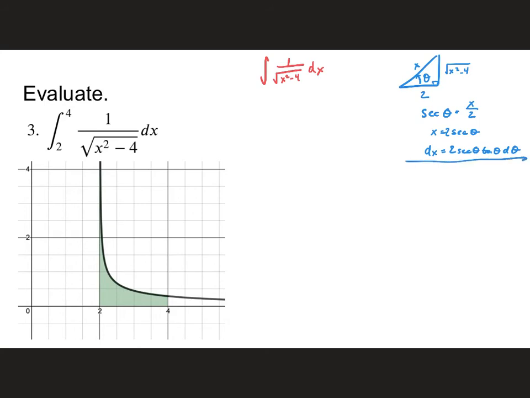And then tangent of theta, we know tangent is equal to opposite over adjacent, so that's the square root of x squared minus 4 over 2.